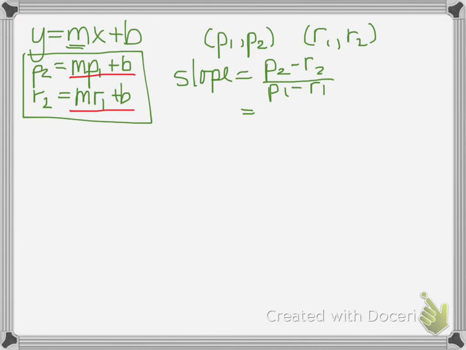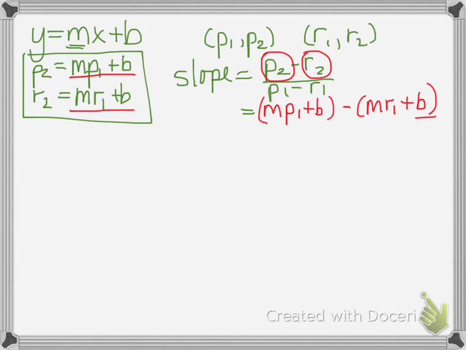So P2, I'll do this one first, minus R2. So P2 is m times P1 plus b, and I'm going to subtract R2, which is m times R1 plus b, and that is still all over P1 minus R1. Okay, now I'm going to continue simplifying.